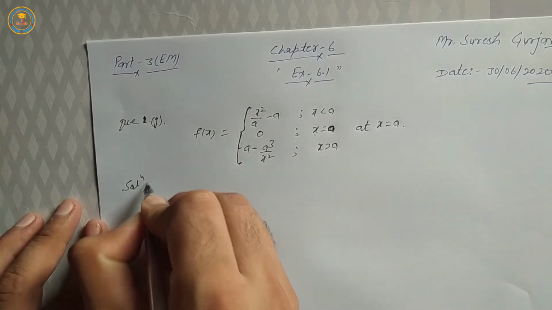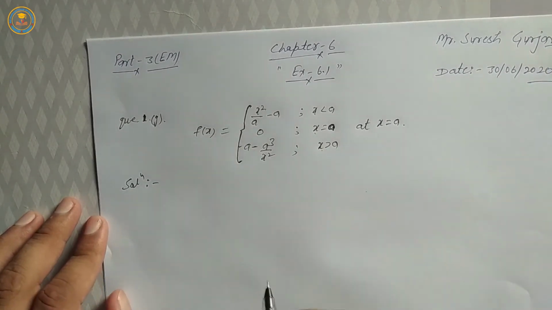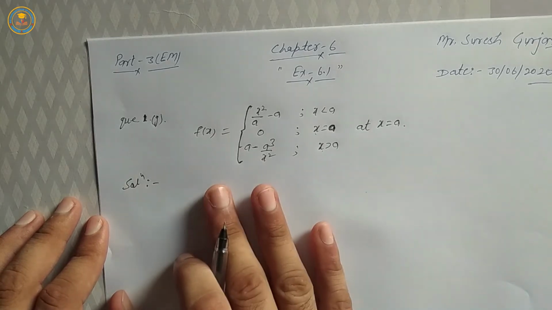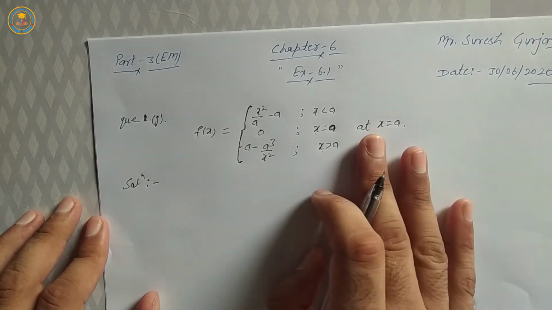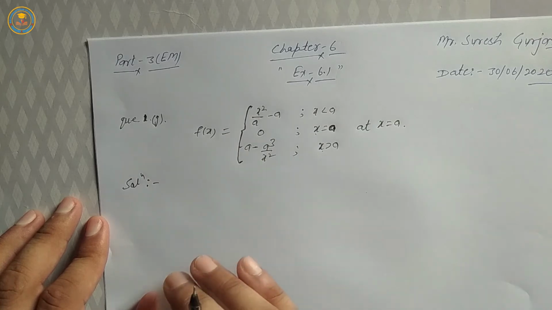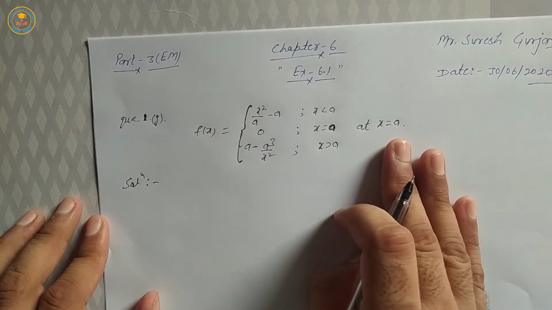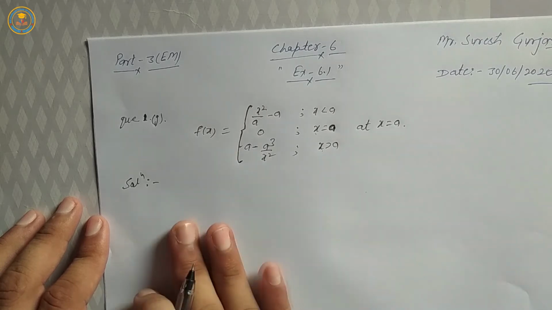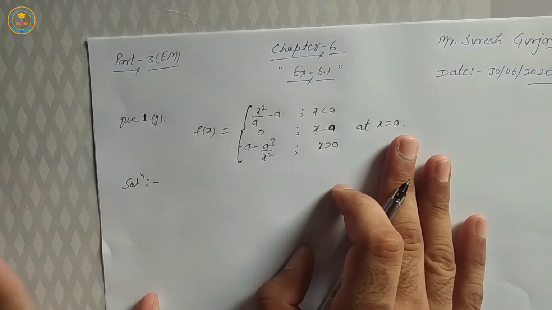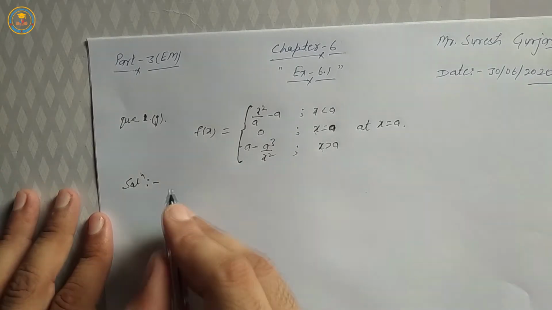Solution. Three points. First, definition of function at x is equal to a. Second point, right hand limit at x is equal to a. Third point, left hand limit at x is equal to a. Okay, first part.